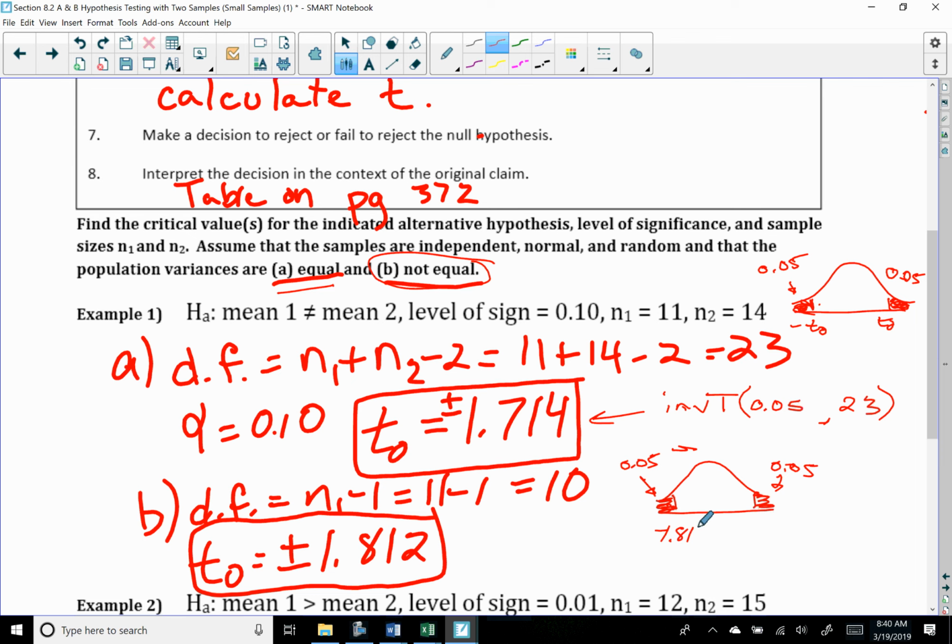And if you do inverse T, you would get negative 1.812. And we would just get the other one, okay? Make sense?